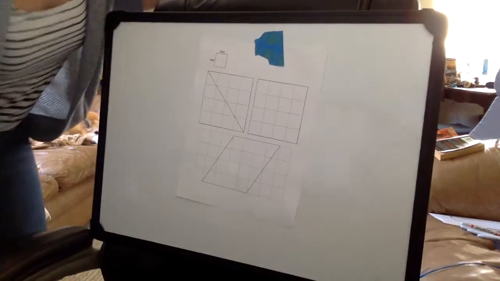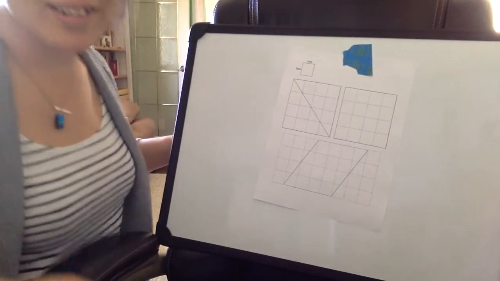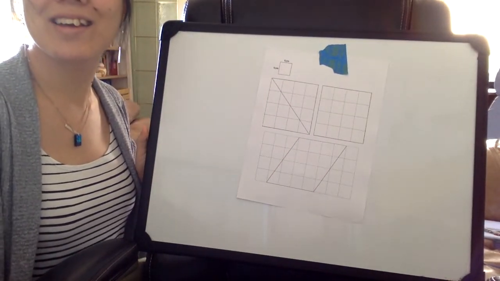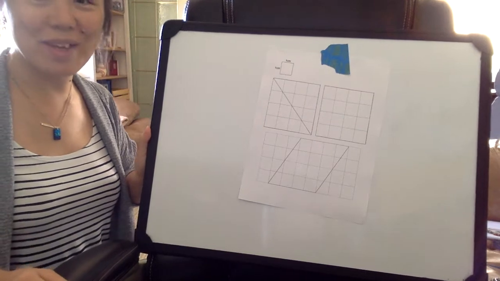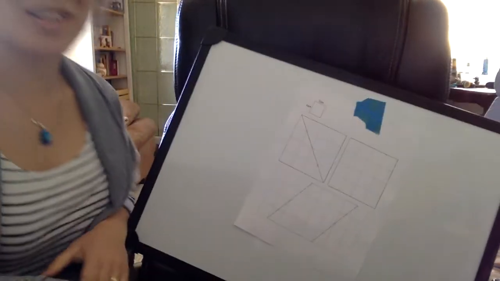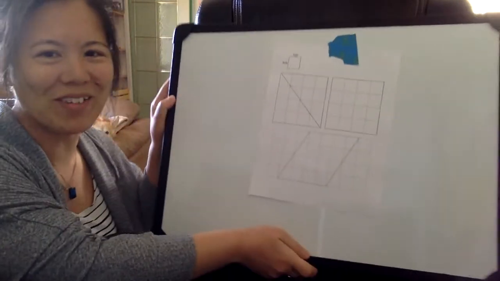Hopefully this shows. Okay, ish, I guess. Oh, not quite square. Not quite straight, but alright. Having a clumsy moment right over there.